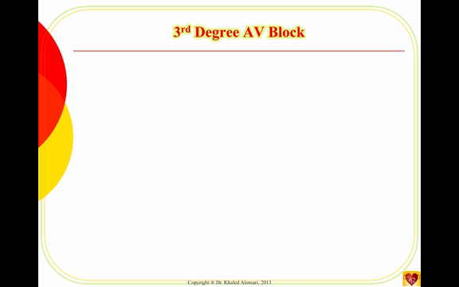No car can leave. So where is the heart rate coming from? At this point, the SA node is gone, the AV node is gone, so the next is the bundle of His. Remember, in the conduction system, the natural pacemaker is the SA node at a rate of 60 to 100. If that stops working, the AV node will start and fire at a rate of 40 to 60.